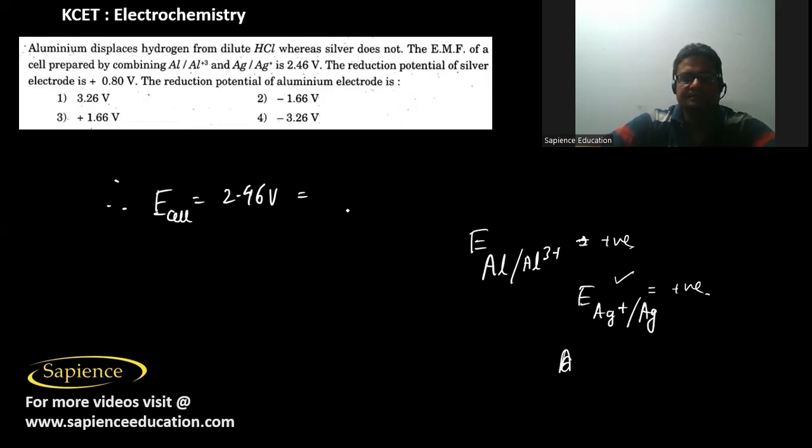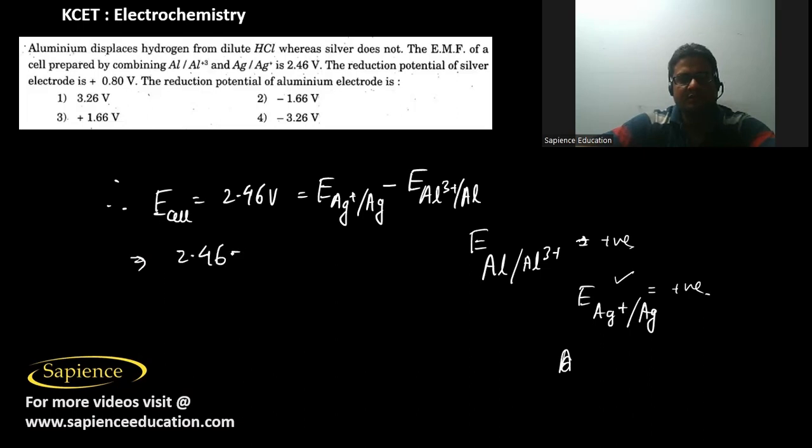So it means that we can say E cell will be equal to the reduction potential of silver electrode Ag plus to Ag minus the reduction potential of the aluminum electrode Al3 plus to Al. So the reduction potential of silver electrode is 0.8. So therefore 2.46 equals 0.8 minus Al3 plus to Al.